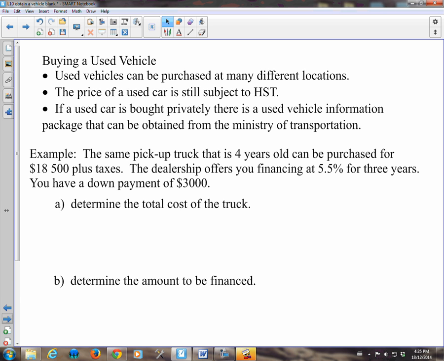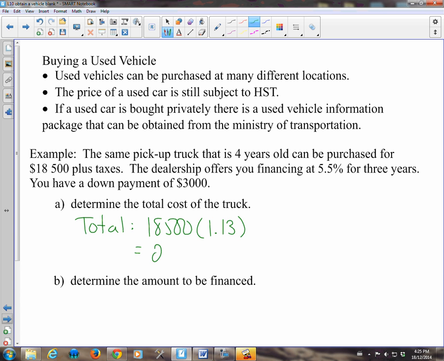So if we do the same thing again, the total cost is the cost of the vehicle, $18,500 plus the tax, times 1.13, which is $20,905.